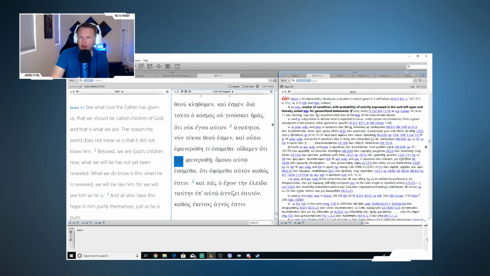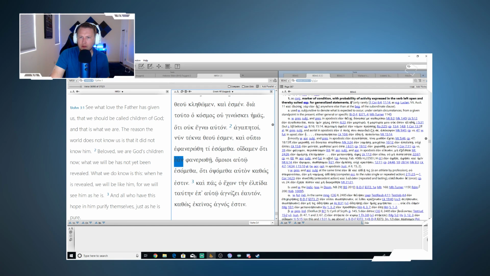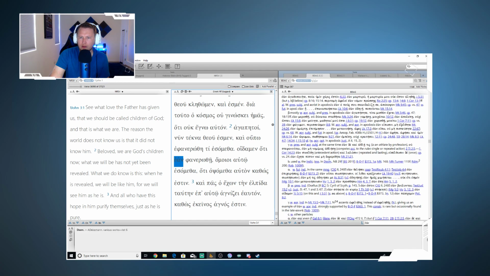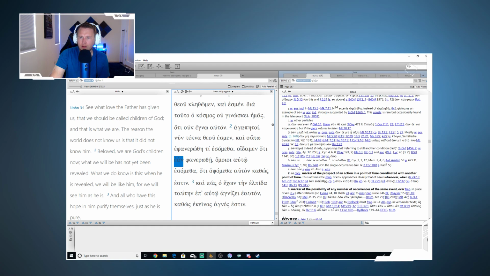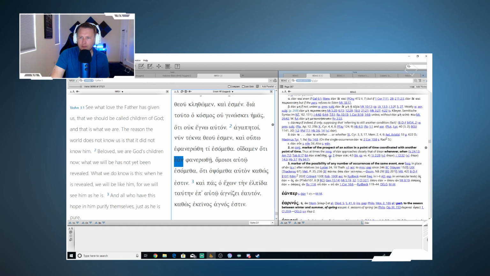Ean, conjunction, marker of condition. See, that's subjunctive. Future indicative. Ean, conjunction, marker of the prospect of an action in a point of time coordinated with another point of time.